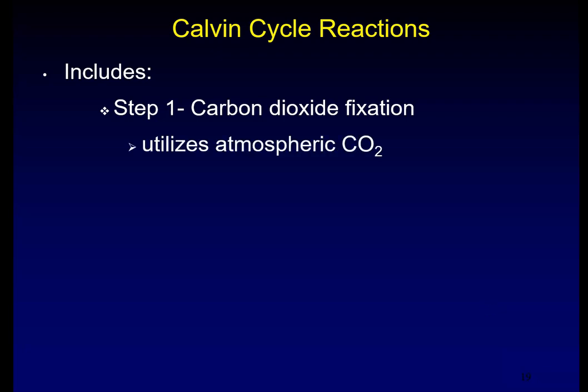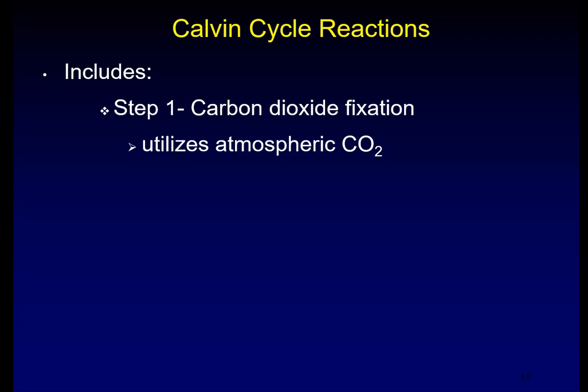We're going to take this 1-carbon molecule called carbon dioxide and fix it to this 5-carbon molecule called RUBP, and that's going to result in this 6-carbon molecule that's unstable that we're going to call PGA. And this process is going to utilize atmospheric carbon dioxide.